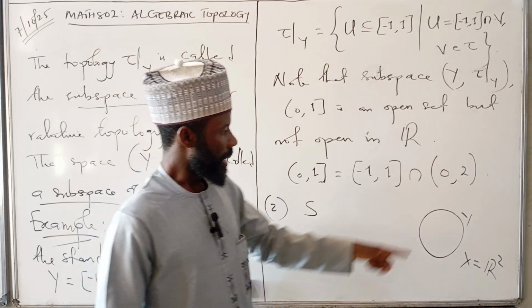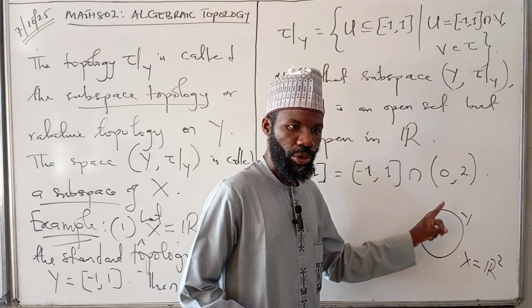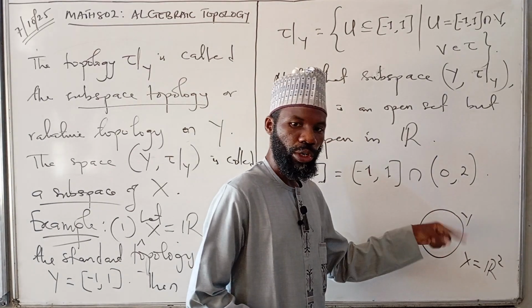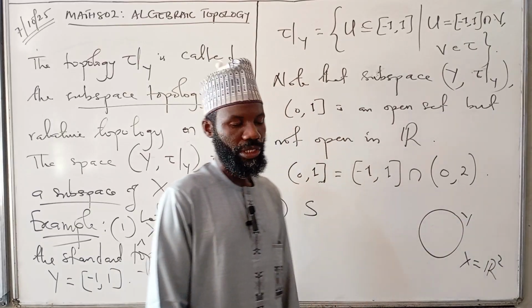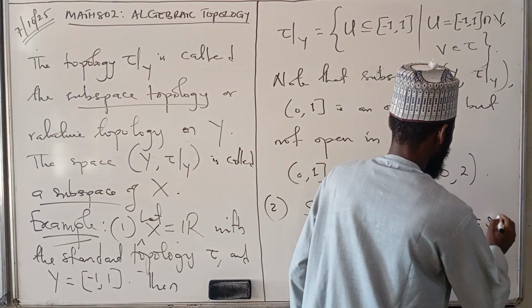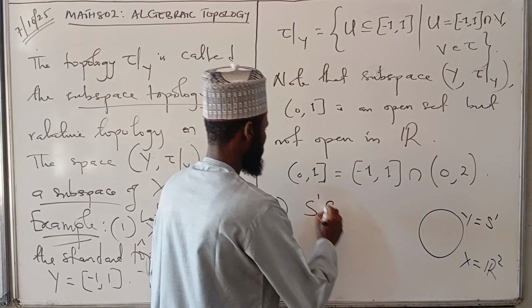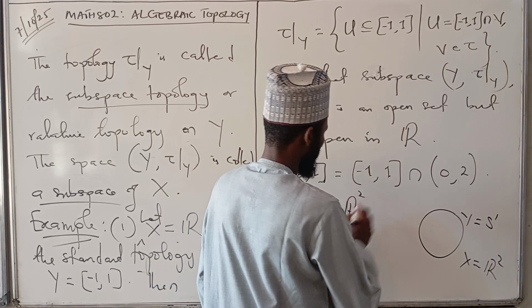The relative topology will be the intersection of all the open sets in the space with the points on the circle. So you can take the circle as a subspace of R2.